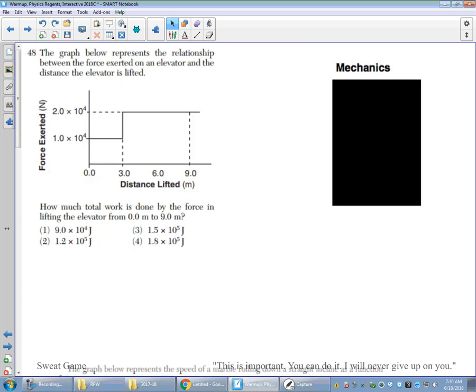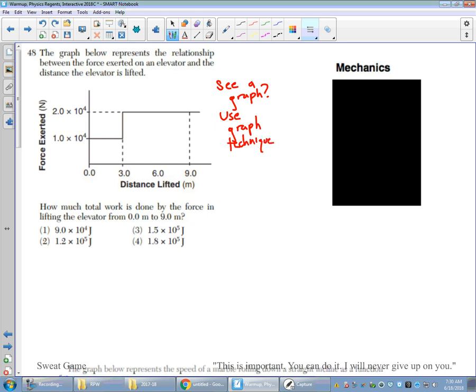Here's a nice problem. The graph below represents force and distance. Now, again, if you see a graph, use a graph technique.